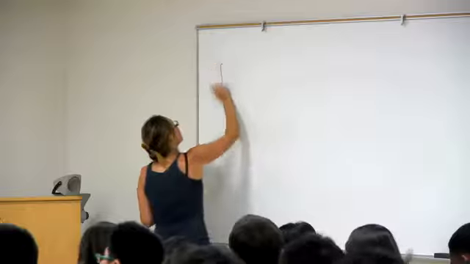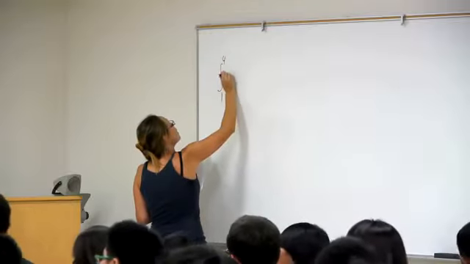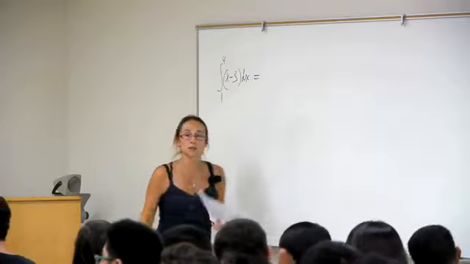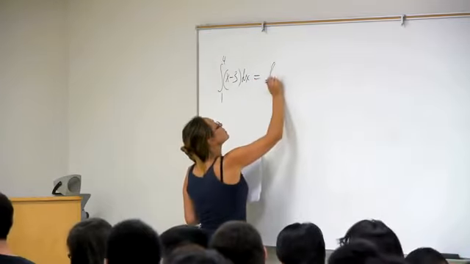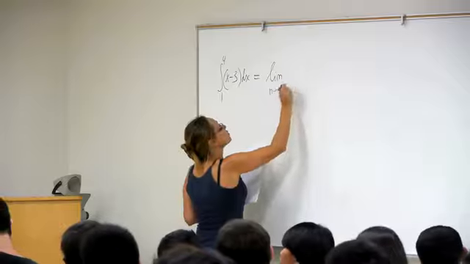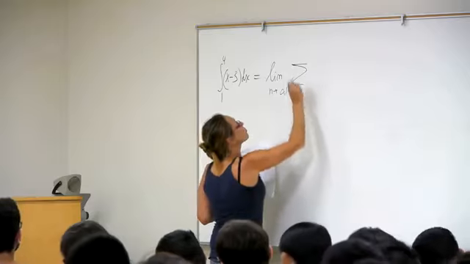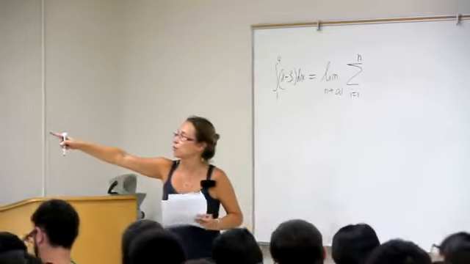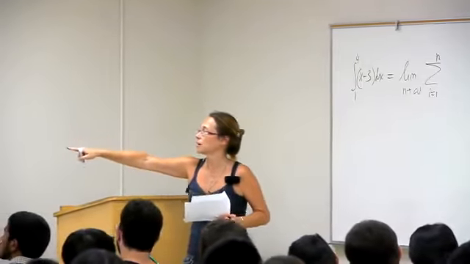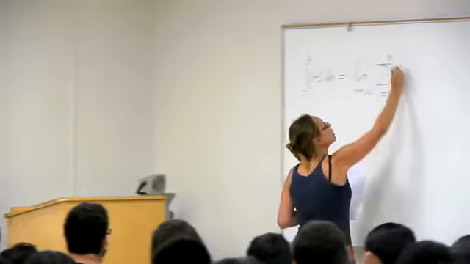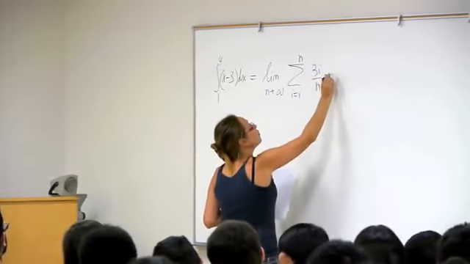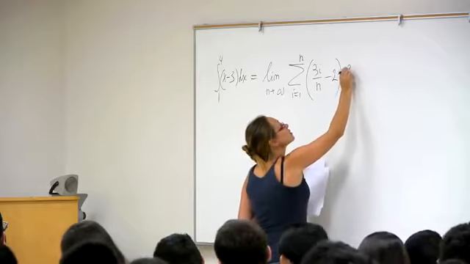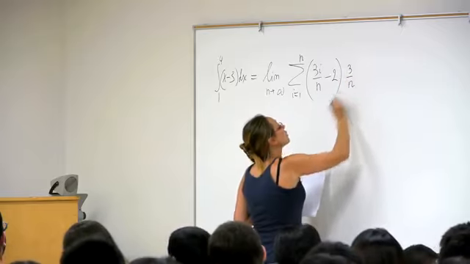So we write down the integral from 1 to 4 of x minus 3 dx. This is the integral we're trying to evaluate. This is the limit, as n goes to infinity, of the Riemann sum. Under the sum, I have f of xi star, that's the expression I got, 3i over n minus 2, times delta x, that's 3 over n.